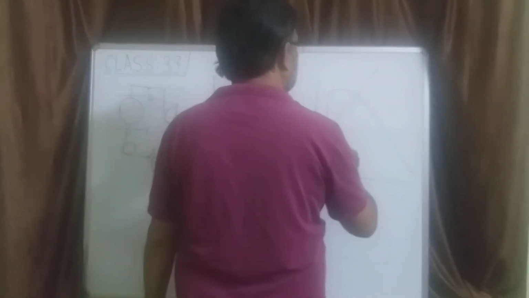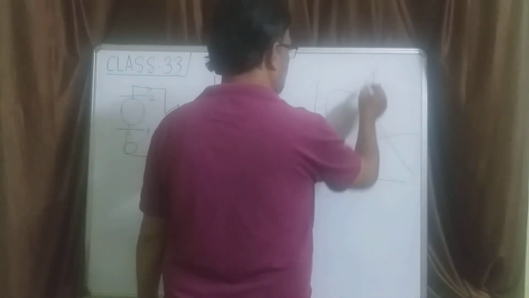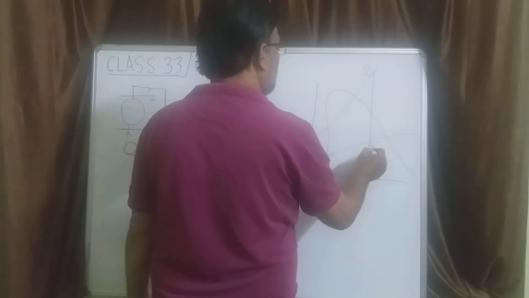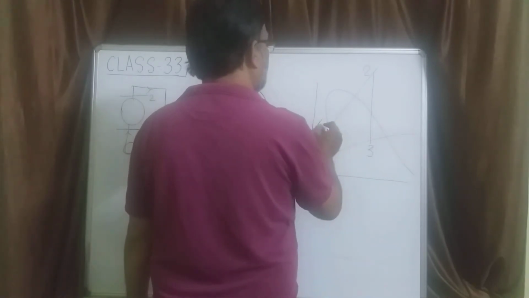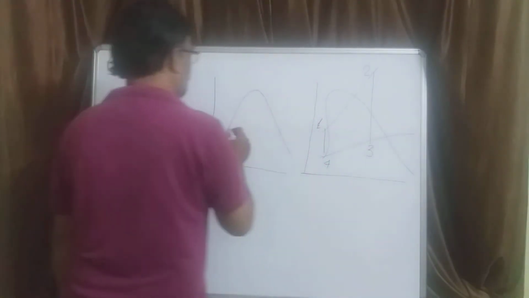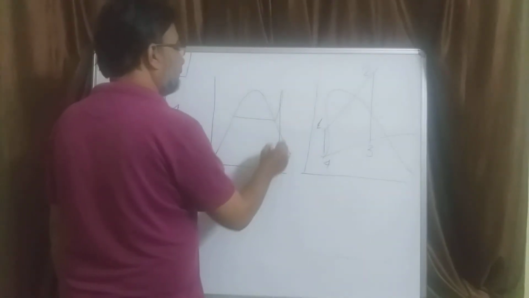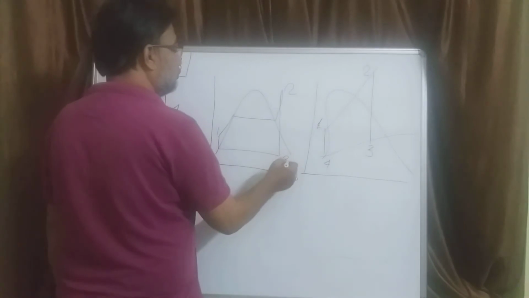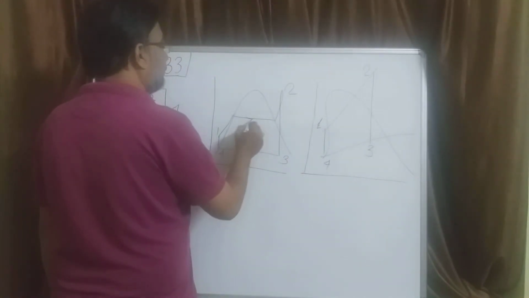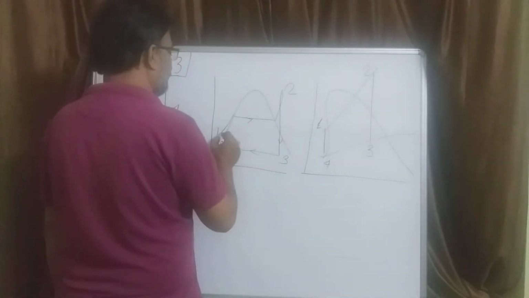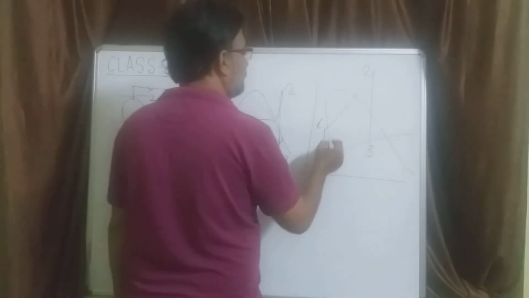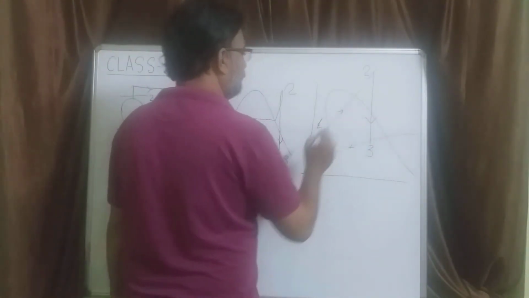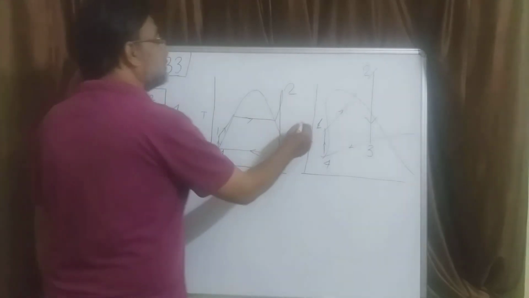These 3 diagrams you must draw. 2, 3, 4 and 1. One, 2, 3, 4. Okay. Now this is TS, this is HS.